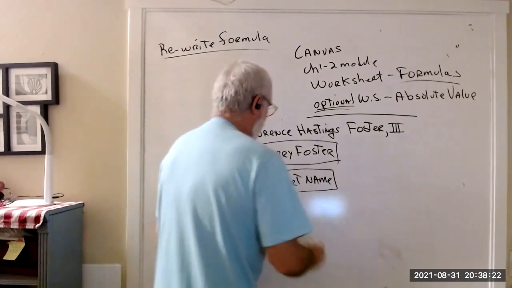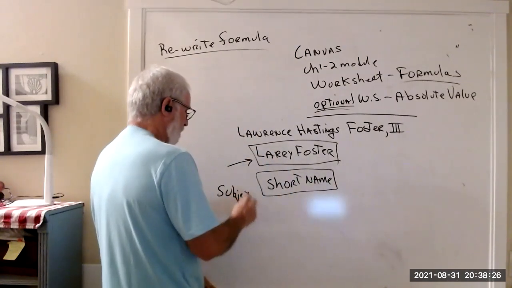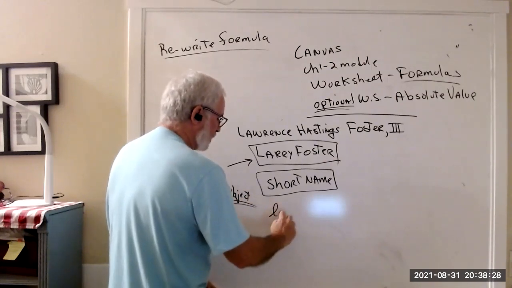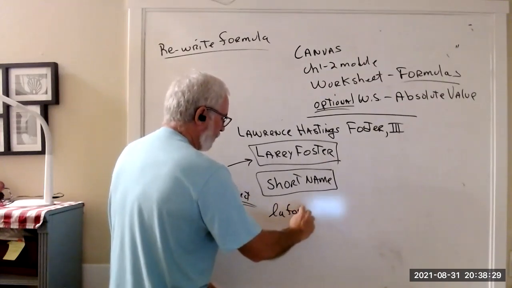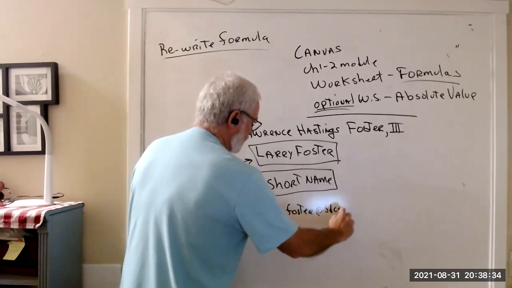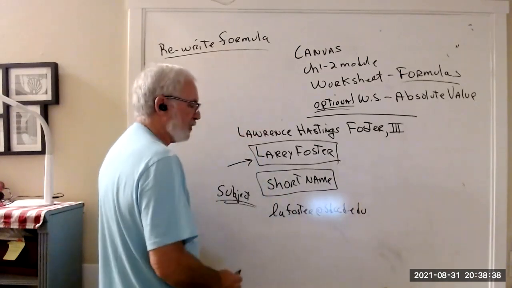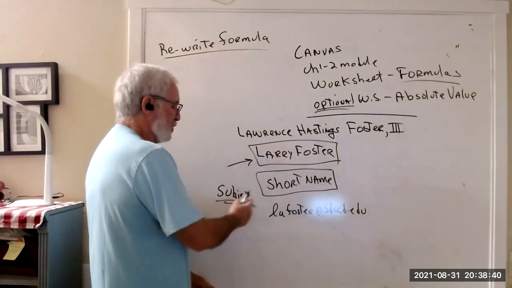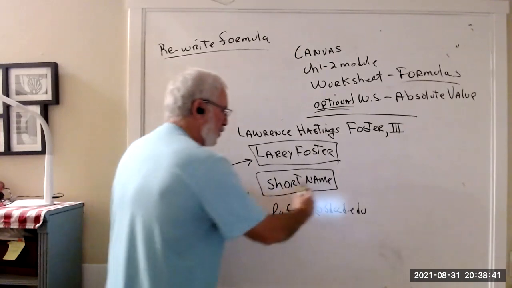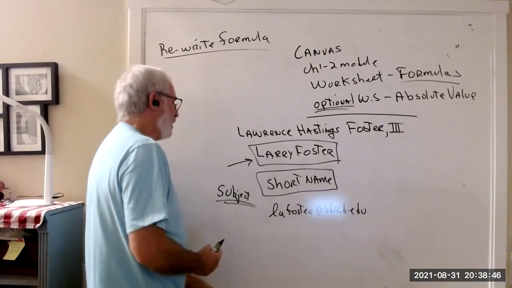So in the subject line of the email, and again, this is at lafoster@sdccd.edu, lafoster at whatever. In the subject line, just put your short name. You can make it as short as you want.